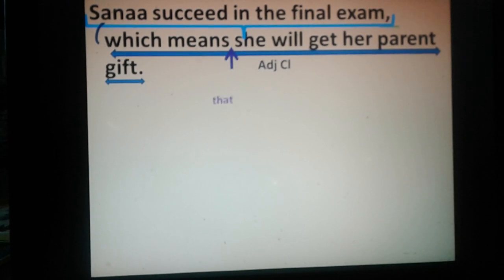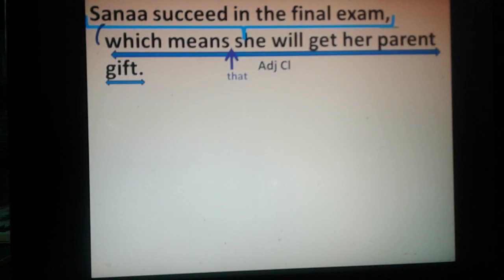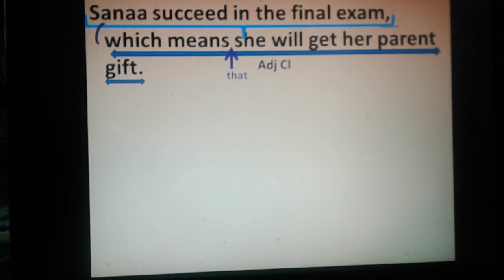If we put here "that she will get her parents' gift," عندنا هنايا an adjective clause وسط منه a noun clause، يعني كلهم متداخلين مع بعضياتهم باش يكملوا لنا واحد الجمله وحده. يعني ممكن نستعملوا في sentence more than one clause، وممكن يكون clause enter of another clause. It's not complex, it's easy, but you just need to practice more.